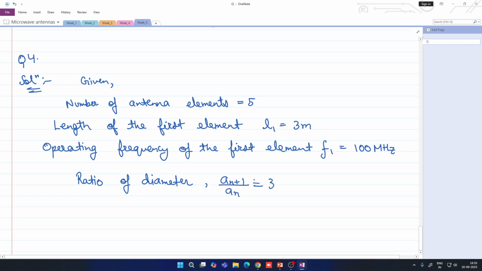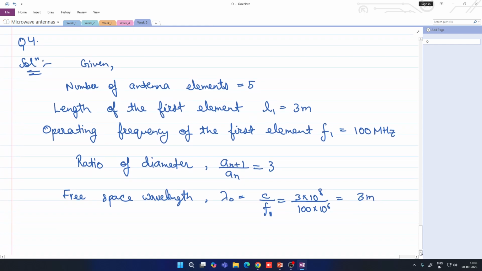Now we can calculate the wavelength for the first element. Free space wavelength is lambda naught, means the wave is traveling at the speed of light, c by f1, which is 3 into 10 to the power 8 divided by 100 megahertz, which gives 3 meters. The free space wavelength is also 3 meters.